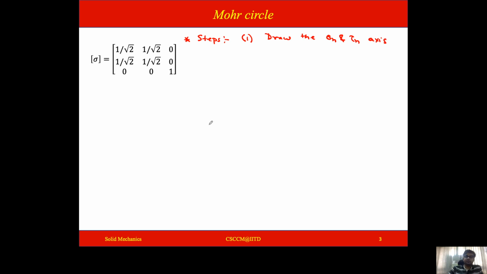Draw the sigma n and tau n axis. So this is my sigma n axis, and this is my tau n axis. So let me write sigma n here and tau n here. So step 1 is done.